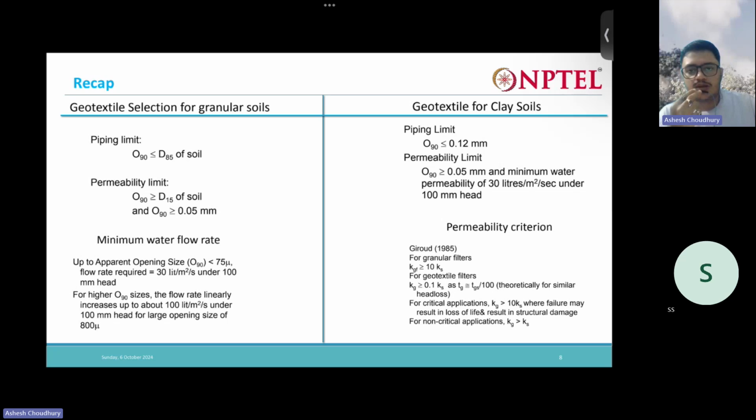Retention criteria means we ensure the soil is retained and there is no loss of the fine particles of the soil. The permeability criteria ensures there is optimum flow of water through the filter. For different types of soil these criteria differ.